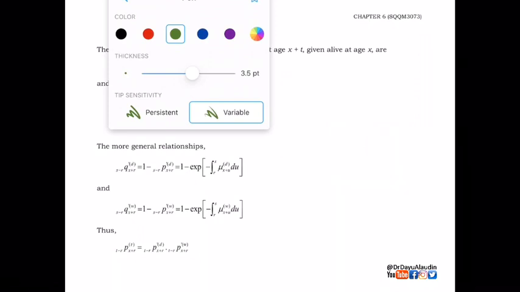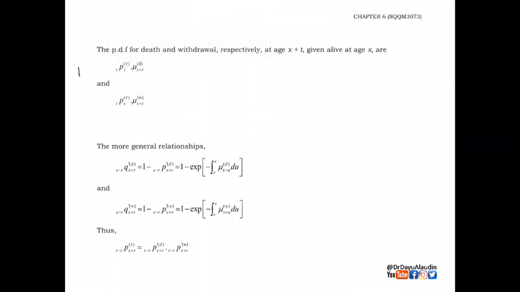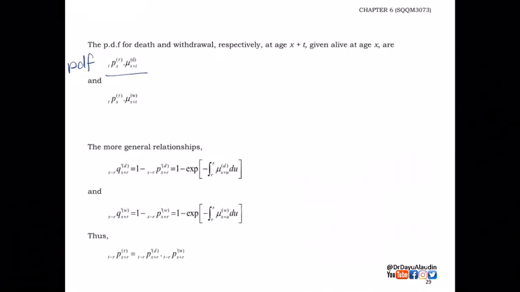The PDF for death is tPx mu x plus t, but we use tPx^(tau) because this individual must not die and must not withdraw. So the force of mortality we use is for d, the difference. For the PDF for withdrawal, we still use tPx^(tau), but we use the force of mortality for withdrawal.